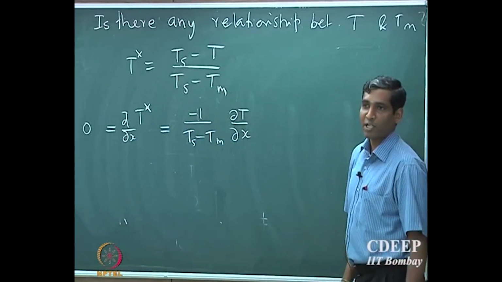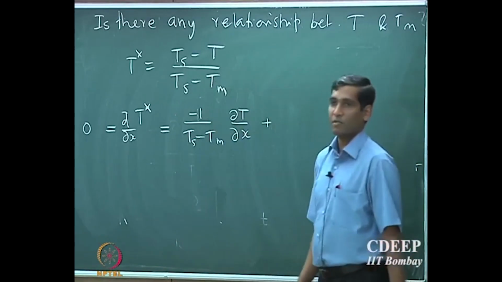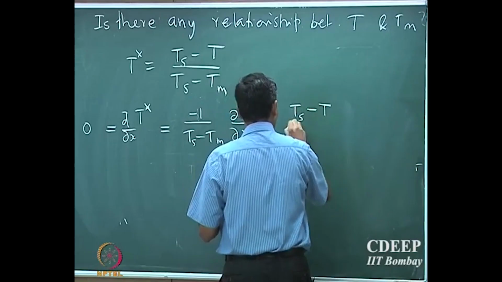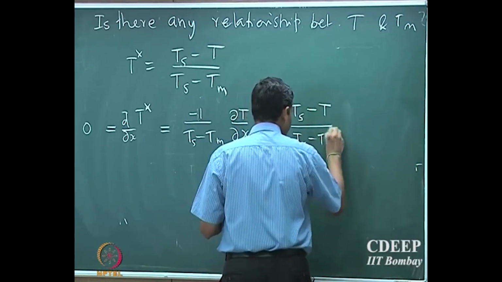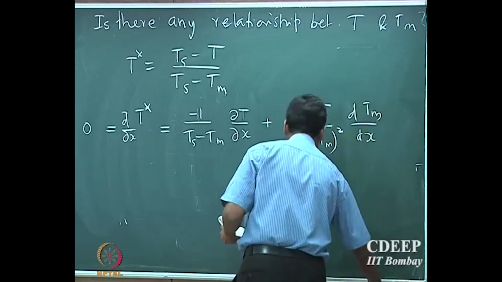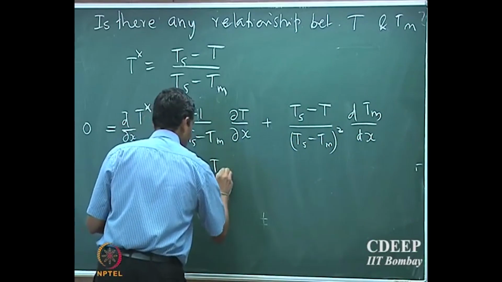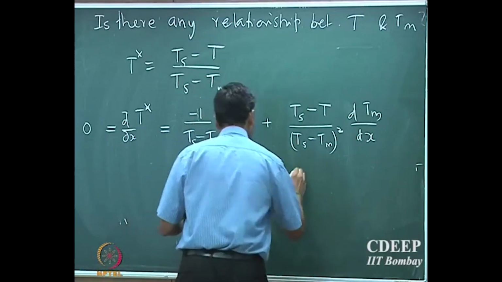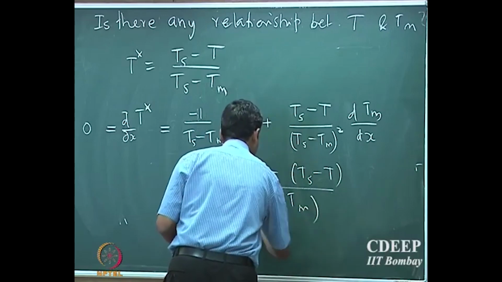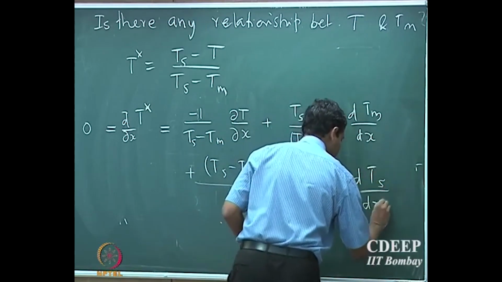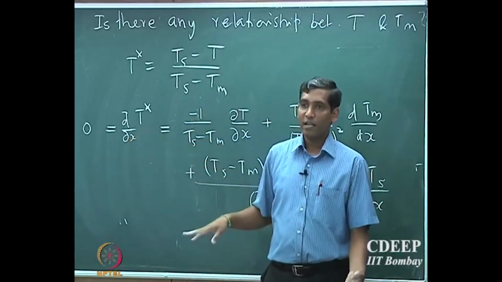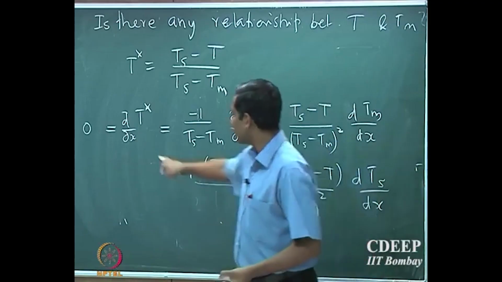that is the x derivative with respect to local temperature, minus, and then we can take a derivative with respect to the temperature, plus (Ts minus T) divided by (Ts minus Tm) the whole square into dTm/dx, plus (Ts minus Tm) minus (Ts minus T) divided by (Ts minus Tm) the whole square into dTs/dx, and that should be equal to 0 because the dimensionless temperature is now independent of the x position in the fully developed regime, and therefore this derivative is 0.